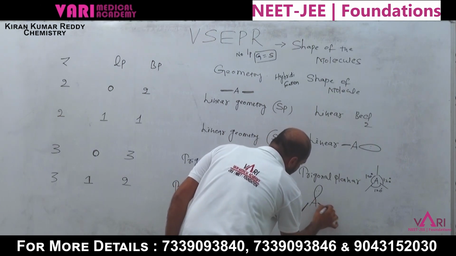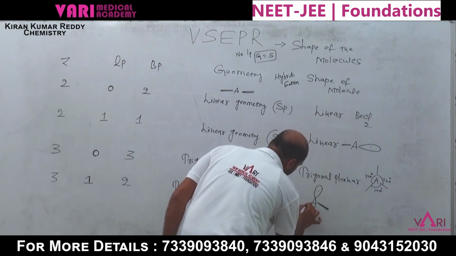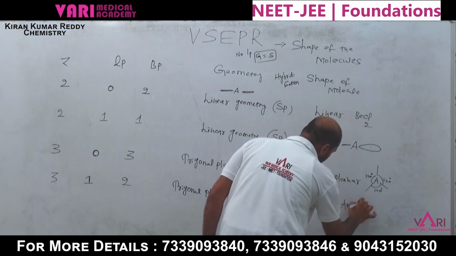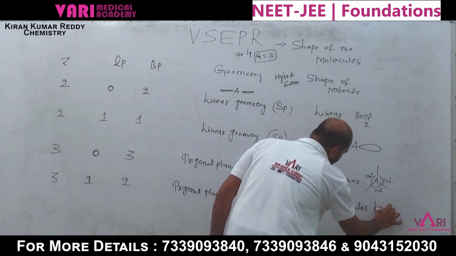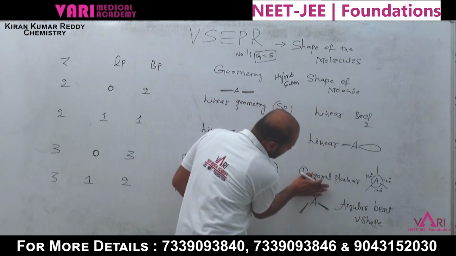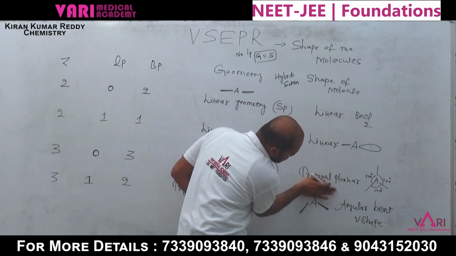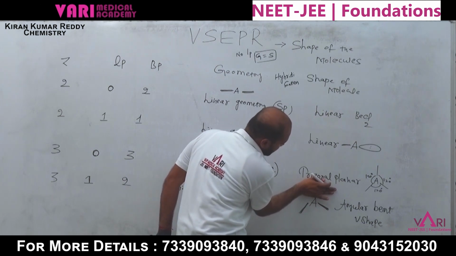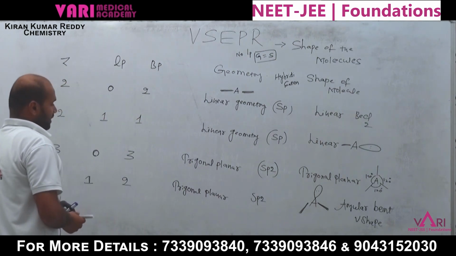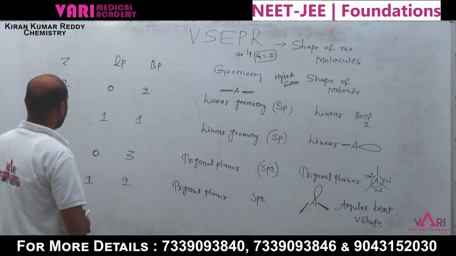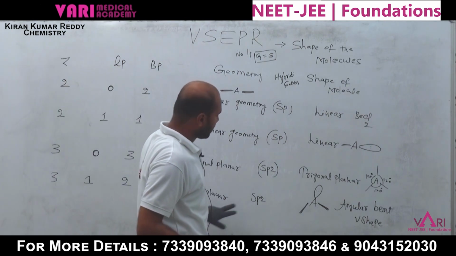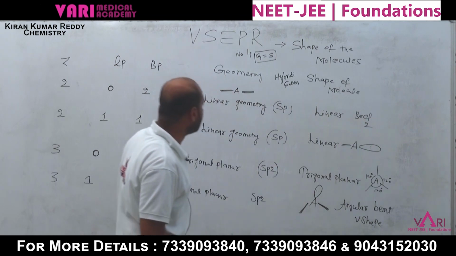What is the shape? It is angular shape, or bent or V shape. So it is trigonal planar geometry with 1 lone pair and 2 bond pairs, but the shape is angular and V shape.